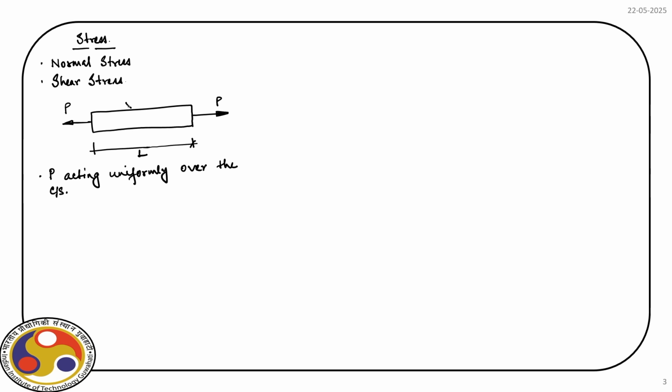Now, if we consider say a plane, and let us consider the left half and draw the free body diagram. So, we have the left half and at this section there will be a resultant force. We do not know the direction yet, but that is not important for the time being.